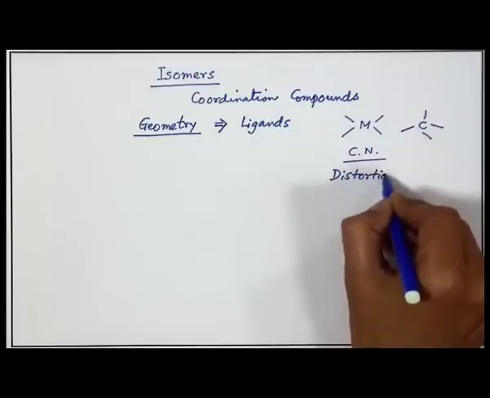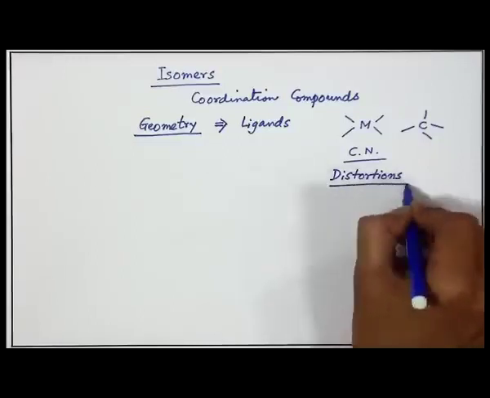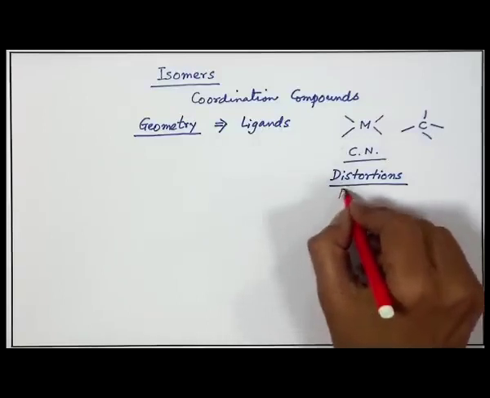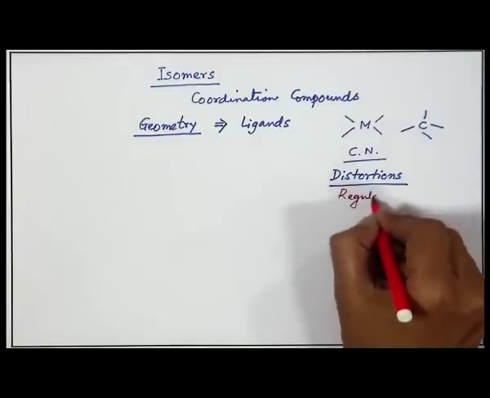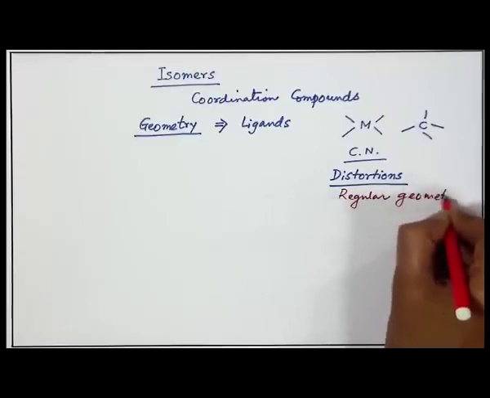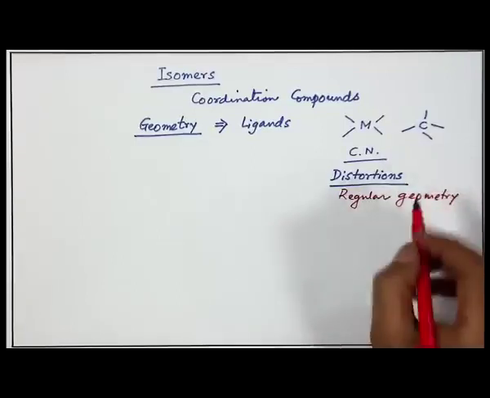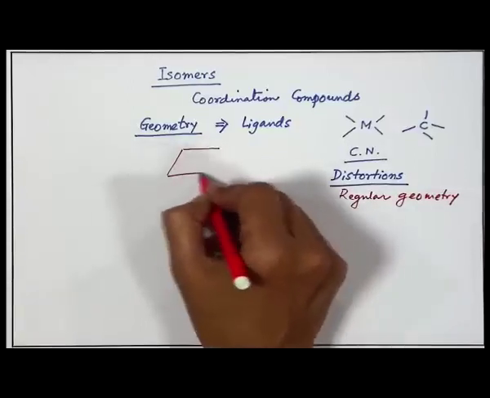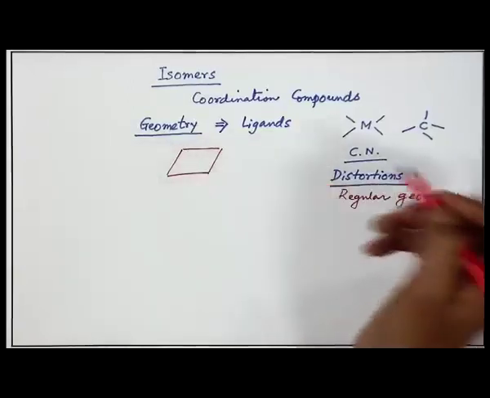So, distortions from where? The distortions are there from a typical regular geometry. So, first we should know what those regular geometries are, particularly if we consider a very good square planar arrangement.